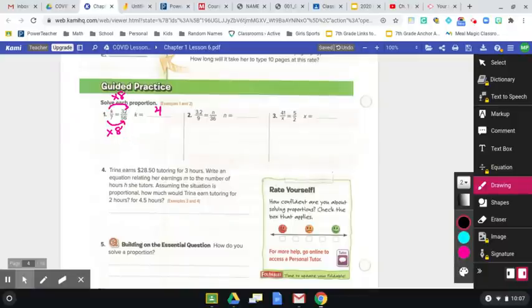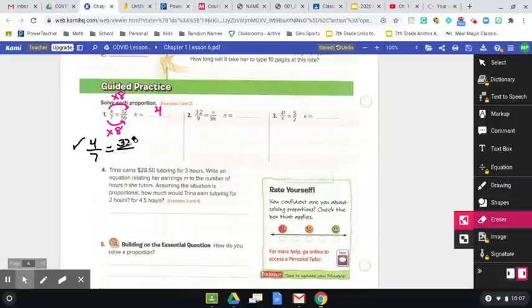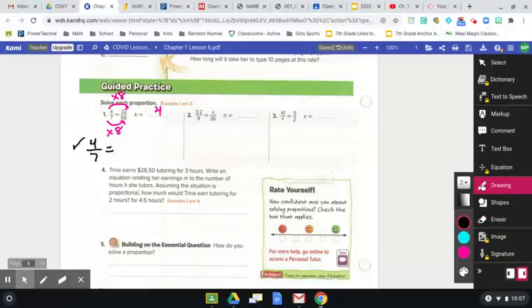Let's see if we put this answer back in. So checking our work, if we do 4, our answer, over 7, is that equivalent to 32 over 56?